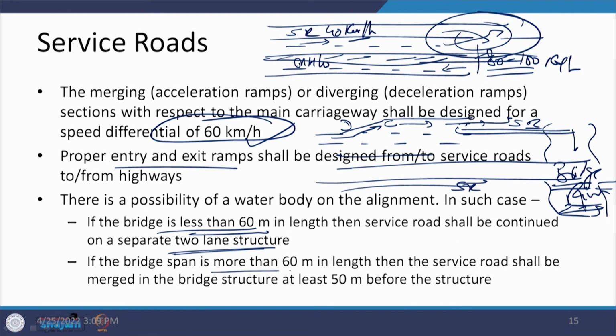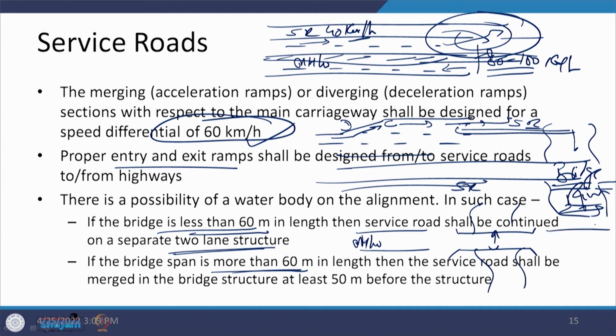But if it is more than 60 meters in span, then the service road needs to be merged into the main highway. That means, at a bridge location, say this is a bridge location, this is going to be the width on the bridge, whatever is the number of lanes on the basis of that. Now, all these number of lanes are going to be there on this main highway before and after the bridge.